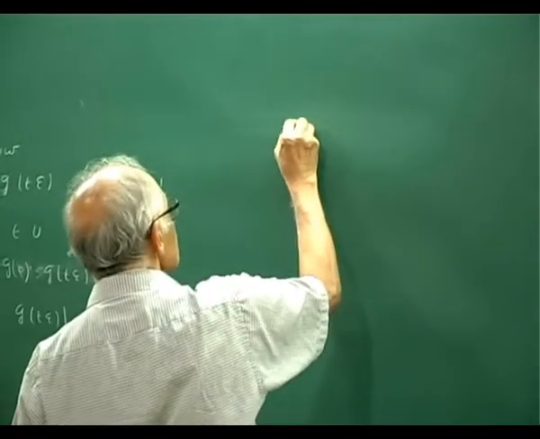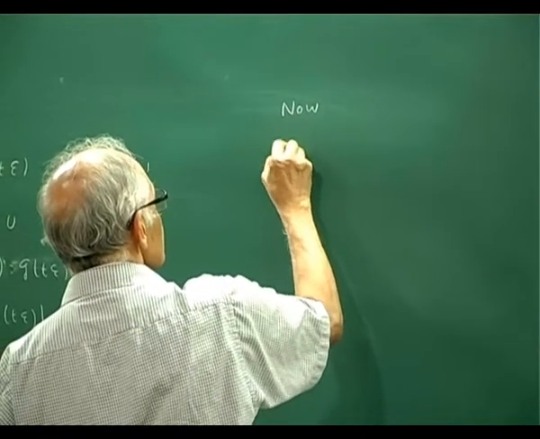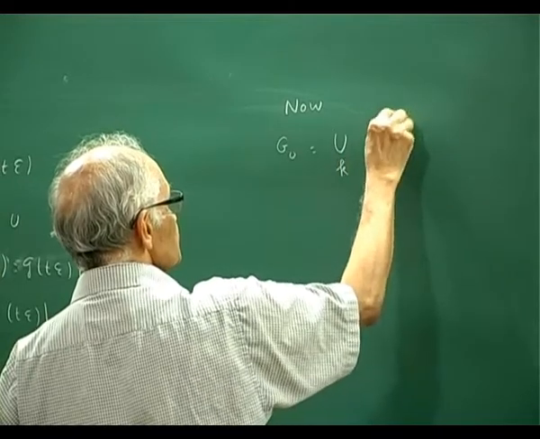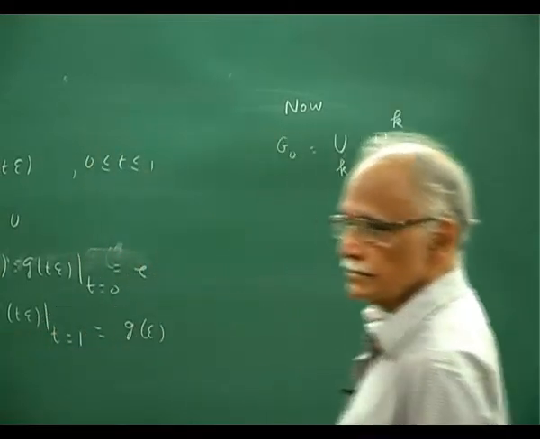Now, G0 is a union over k of U to the k. I want to show it's connected.